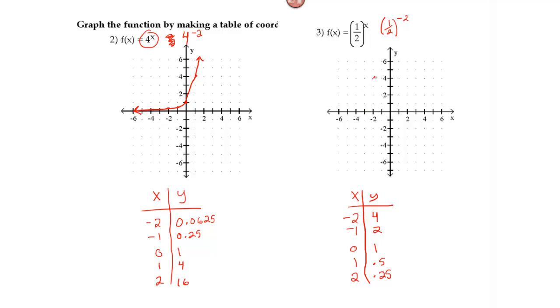So -2, 4, -1, 2, 0, 1, 1, 0.5, and 2, 0.25. So we go down and to the right and up and to the left.